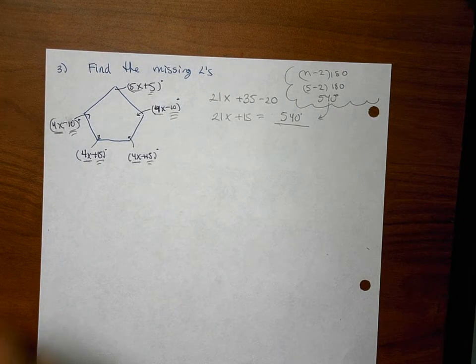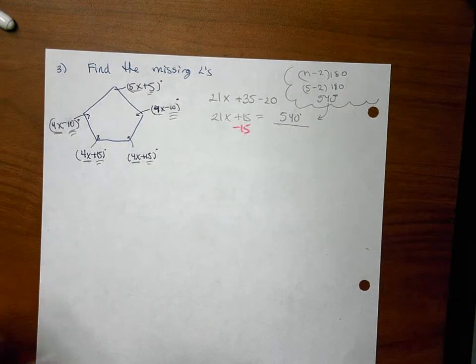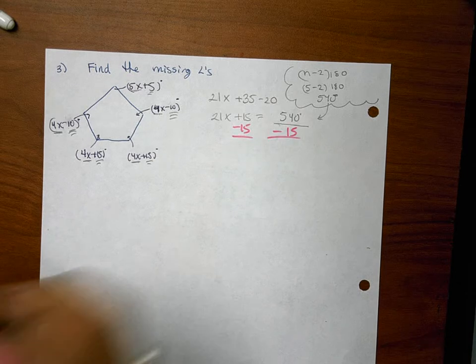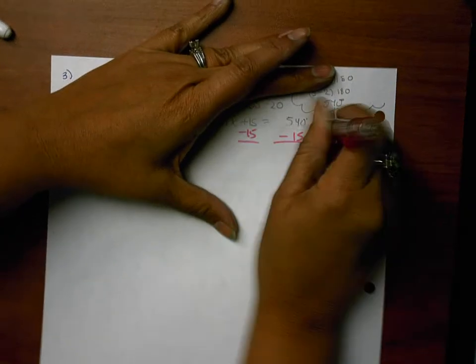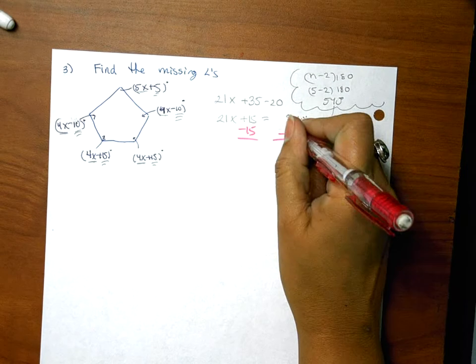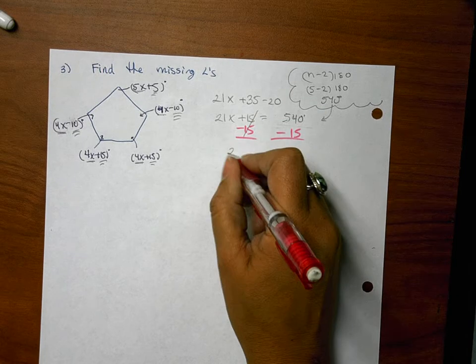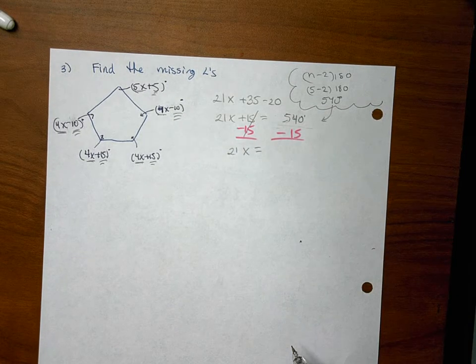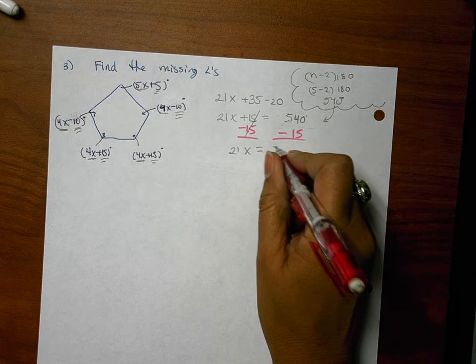All right, so subtract the 15. I'm going to erase that pencil line so it does not look like a fraction. Subtract 15 from 540, and you get 21x equals 525.